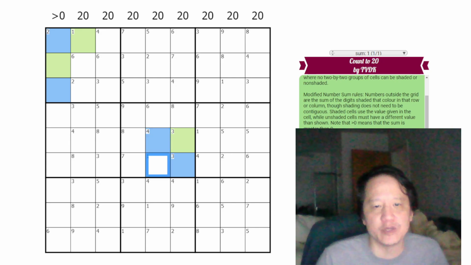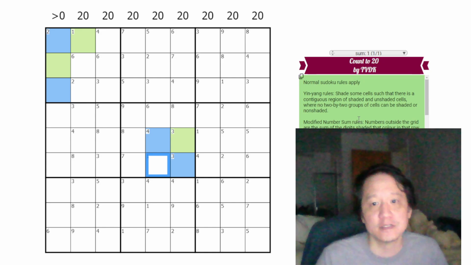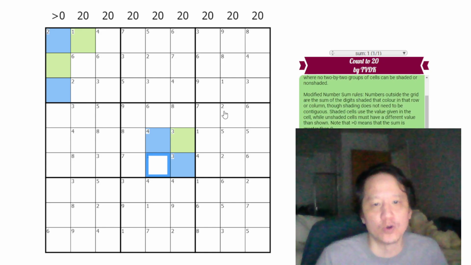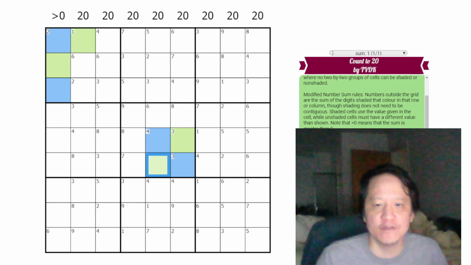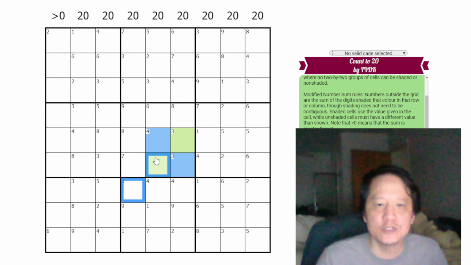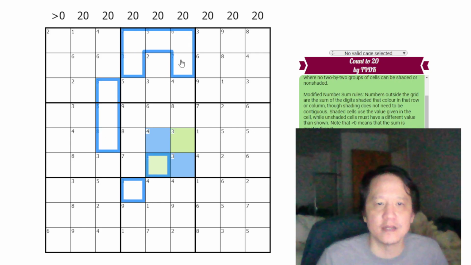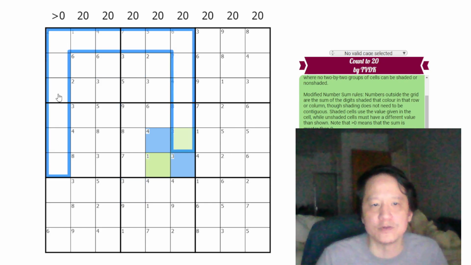And this is because of the yin yang rules, because it has to be one contiguous region for the shaded and the unshaded. So for example, if these two are shaded and this is unshaded, how do these two connect, right? It would have to connect essentially out here, right? So it would have to be some weird shape that goes here.